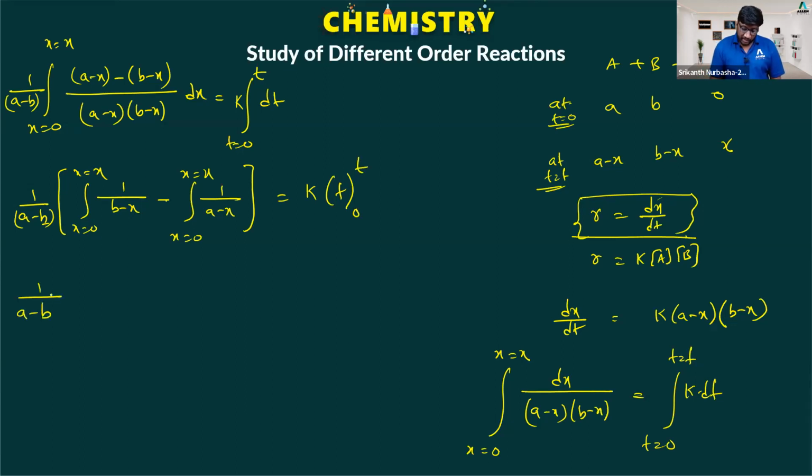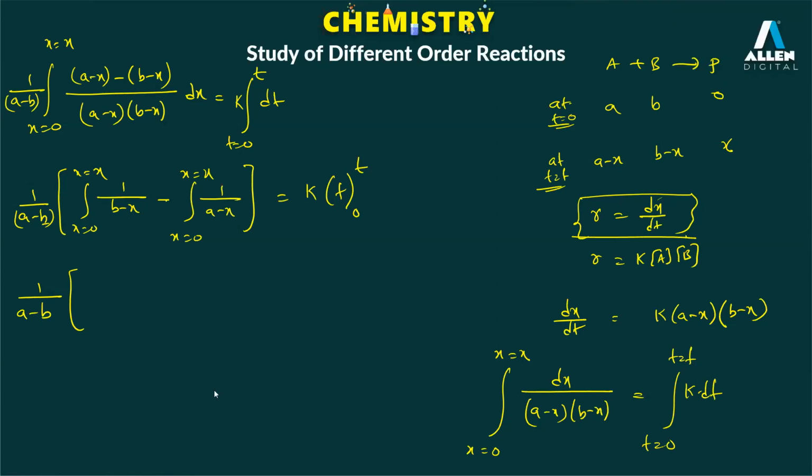So 1 by a minus b into integral 1 by b minus x, how much? Integral 1 by b minus x is how much? Negative log of b minus x.